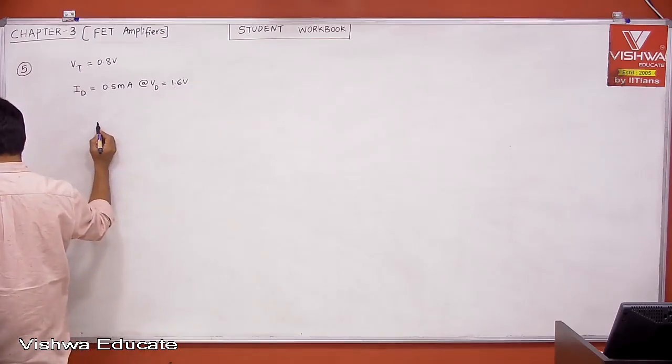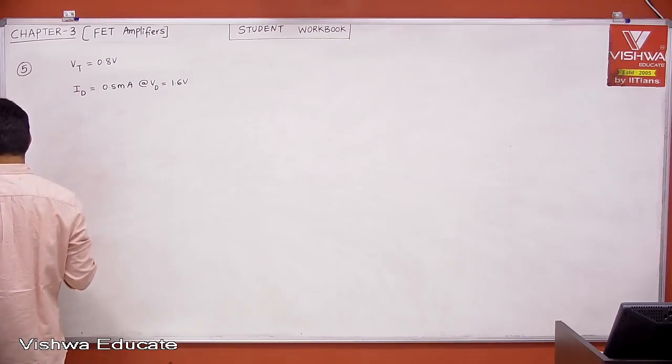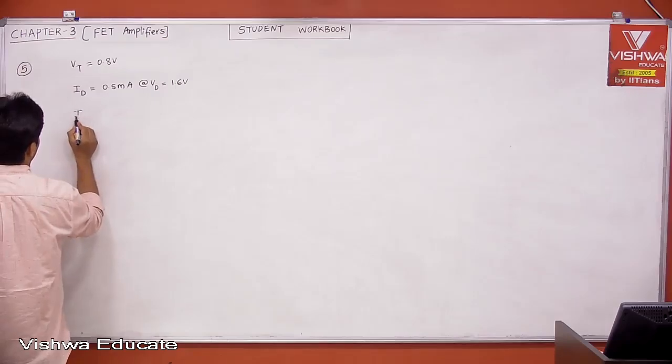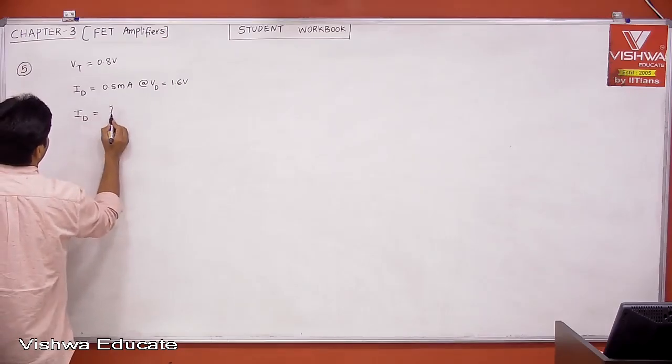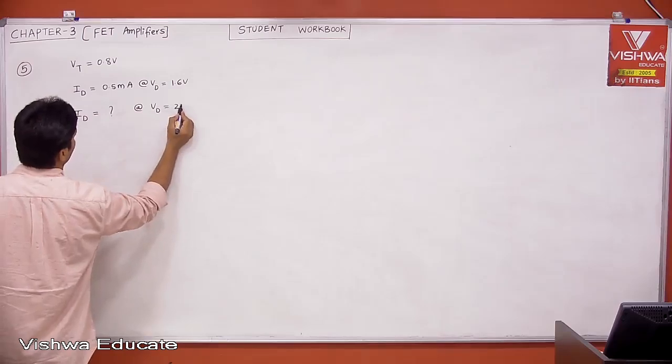Now asking, if VD is adjusted to 2 volt, what is ID at VD is equal to 2 volt?